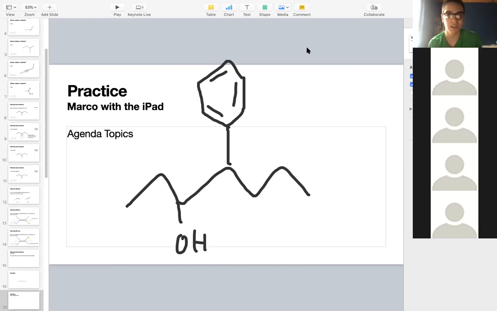So, who wants to give a shot at this? Let me try some. Now I know the OH means alcohol, right? So what I got was the longest chain was 7, so I know it will end with heptanol. Heptanol. Mm-hmm. That's what it will end with. And that little circle thingy with the single line, isn't that phenyl?